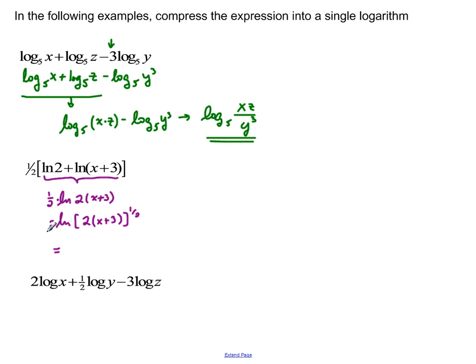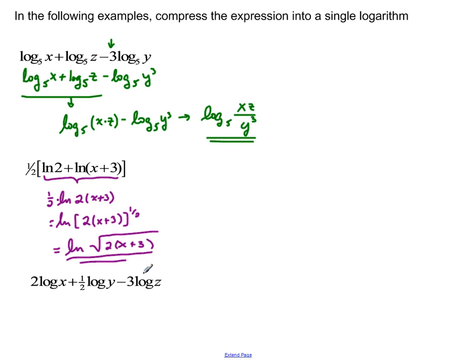Well, probably nothing else as far as combining, but I might recognize that that 1/2 exponent is really a root. And so in fact, I'm taking the natural logarithm of the square root of the quantity 2 times x plus 3. If I was writing this out, this is the way I might write this answer as a single logarithm. And so I'm done with it.